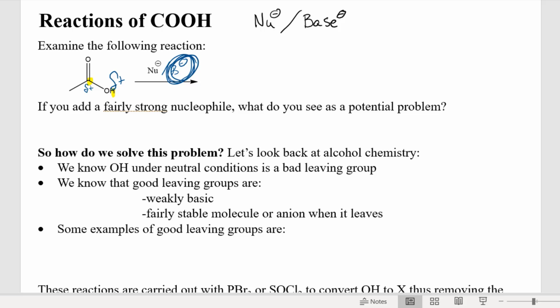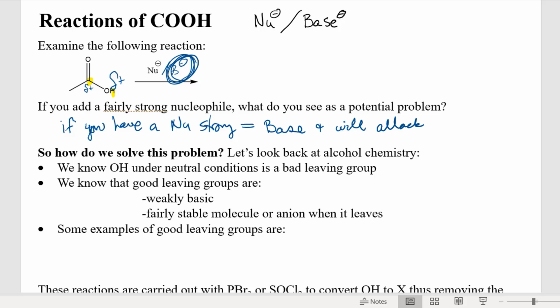So the problem is, if you have a nucleophile that's strong, it's going to be a base and will attack the acidic proton. And that might not have been your intent. It's a distraction from maybe the nucleophilic behavior you were aiming for, right?